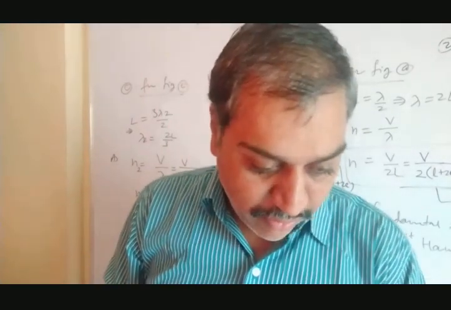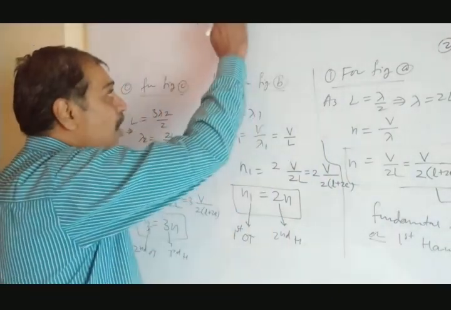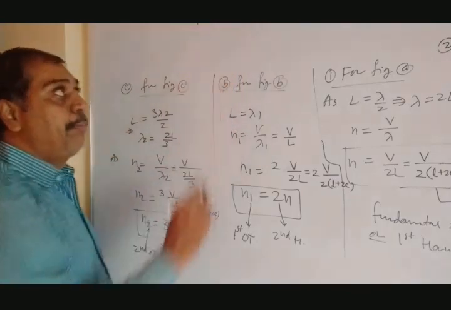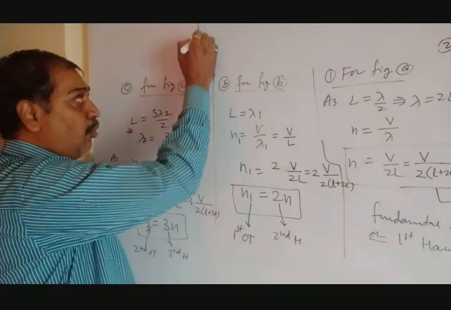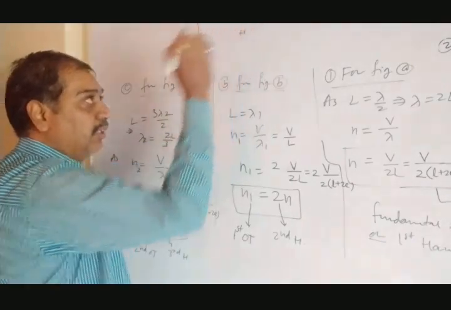For this case, the symbol they have used is simply p plus 1, because all harmonics are present. There is no need for 2m or 2p. So the pth overtone is the p plus 1th harmonic.